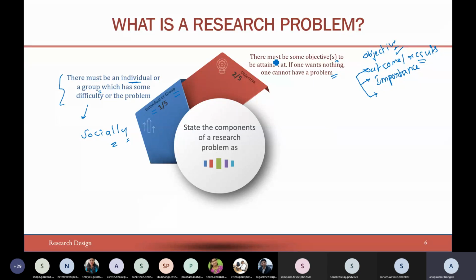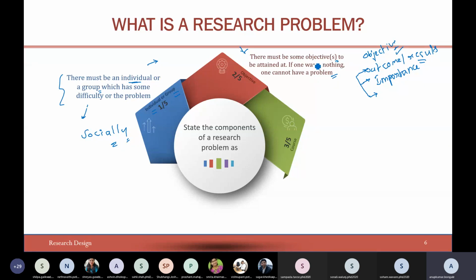Once the problem statement is designed, the next thing is you should have clear-cut objectives associated with the problem, one or more objectives to be attained. If one wants nothing, one cannot have a problem, right? This is very important. Once you have identified a problem, you should go for the objective.